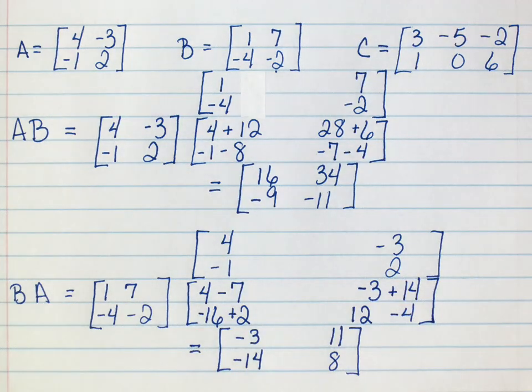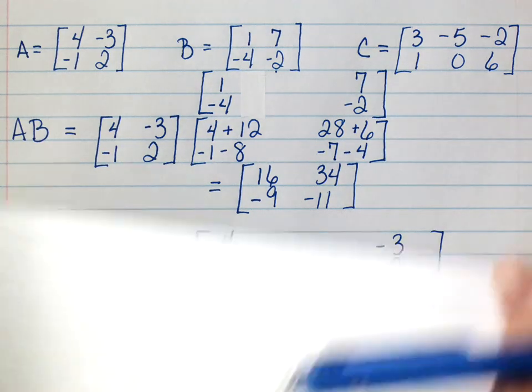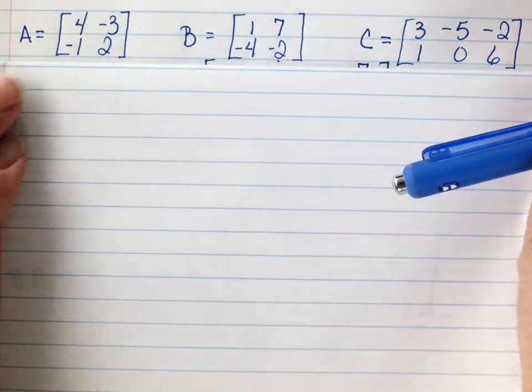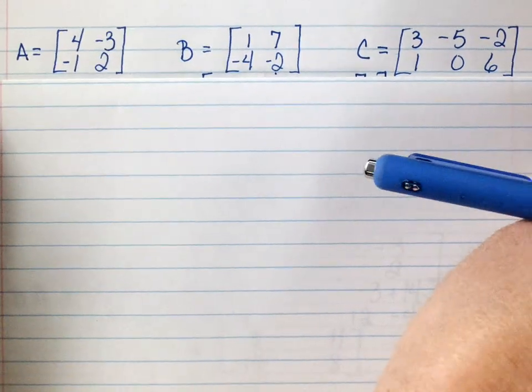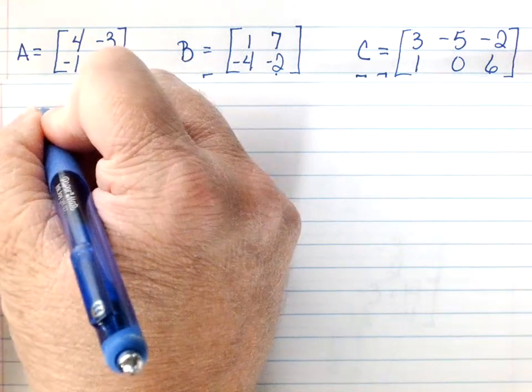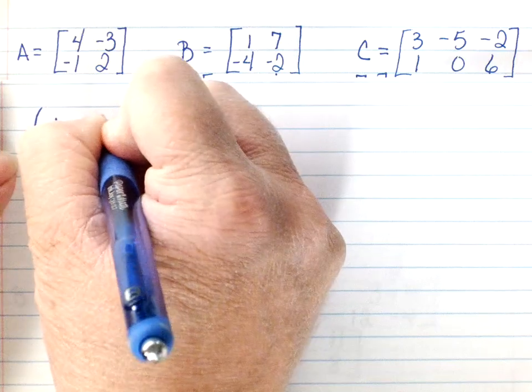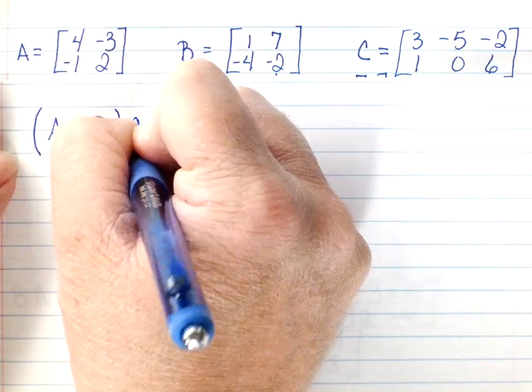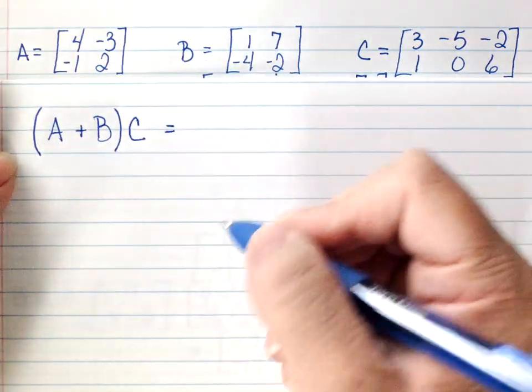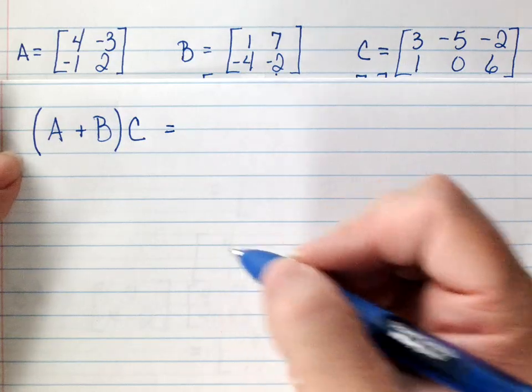What if I had A plus B times C? How is that going to work? Now, distribution property for matrices.